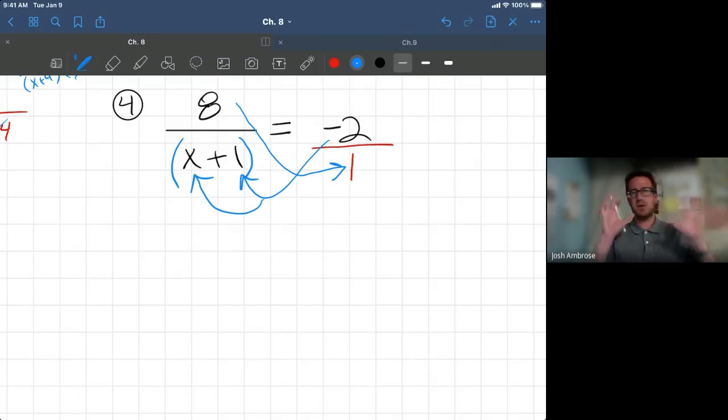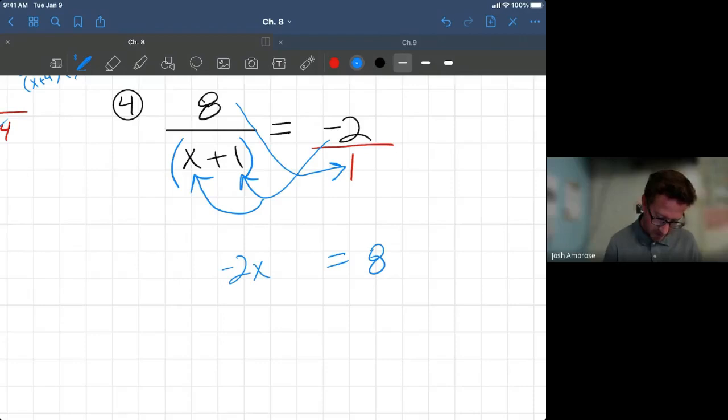No need for this whole multiply both sides and cross things out, because a 1 in the denominator is quite nice. All right, so 8 times 1 just gives you 8. -2 times x, -2 times 1.